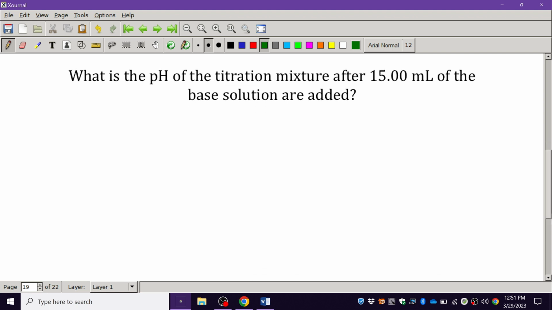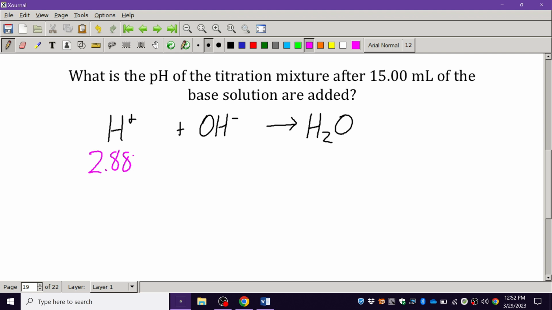Let's go to the next one. Now we're starting to do our titration. And so what we have to remember, first of all, is what's the net ionic equation for the titration? According to our calculations before, we're starting with 2.88 millimoles of hydrogen ion from our strong acid.